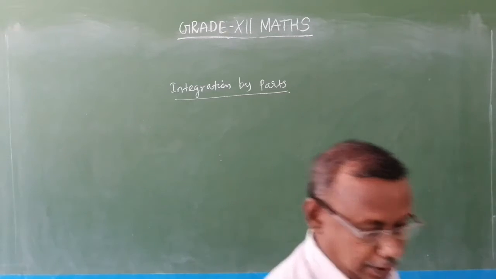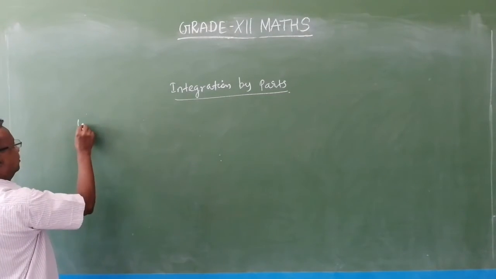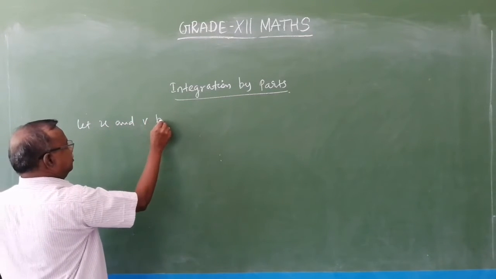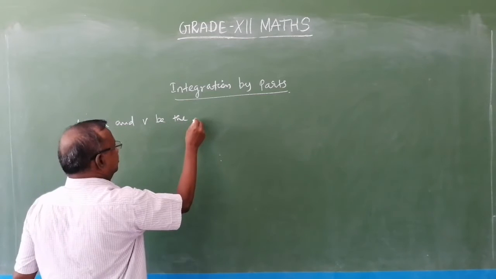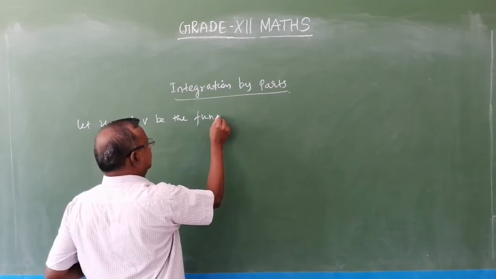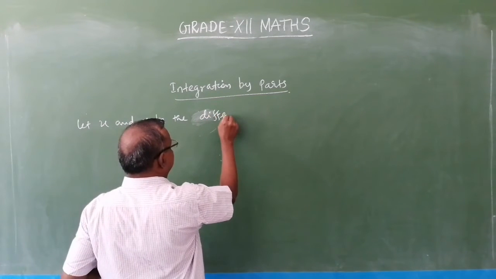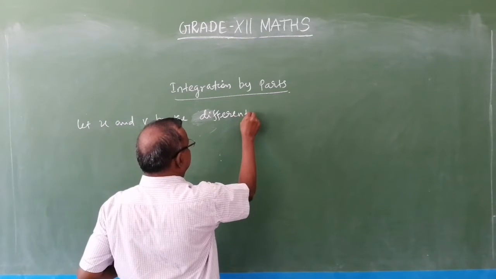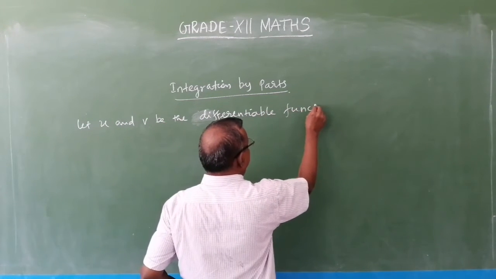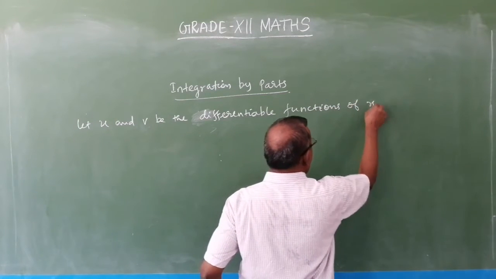So, let us first see. Let u and v be differentiable functions of x.